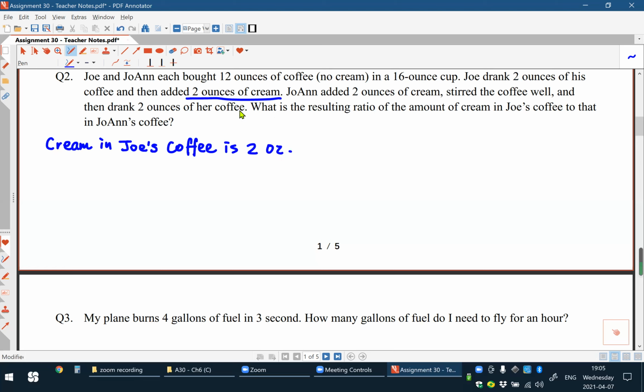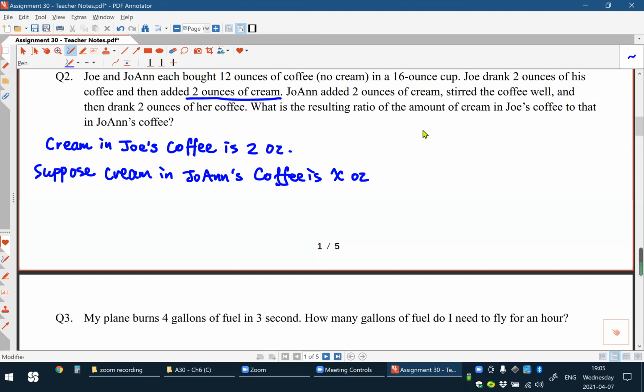So next, we need to find the amount of cream in Joanne's coffee. Let's suppose the cream in Joanne's coffee is X ounces. This quantity is what we want, right? It's unknown. We need to find this quantity. So what relationship can we have according to the expression here?